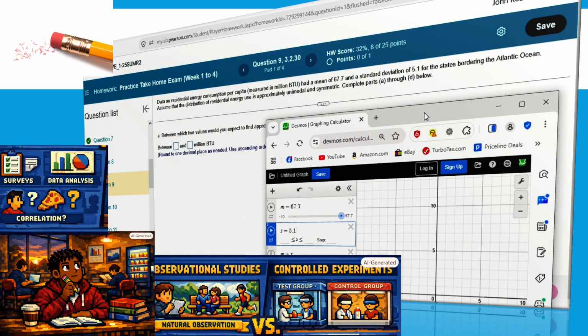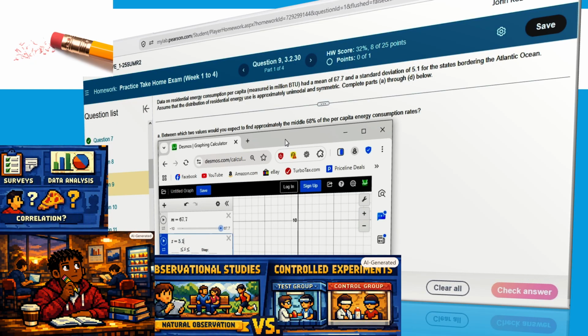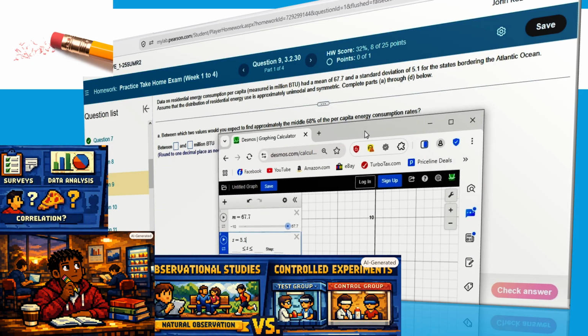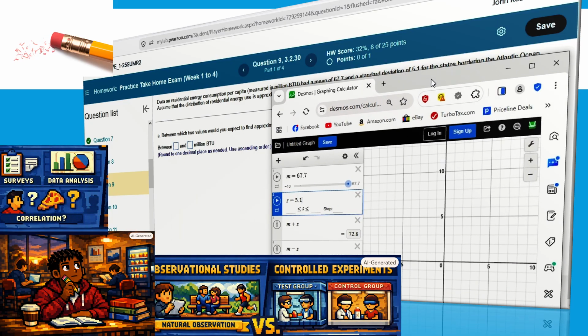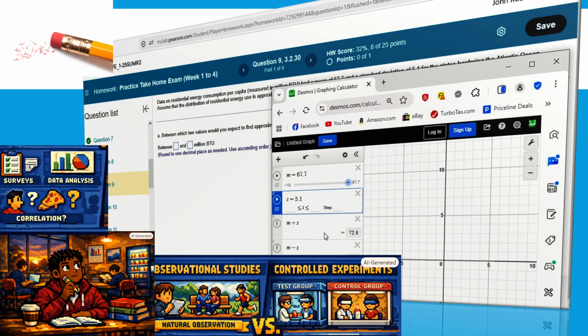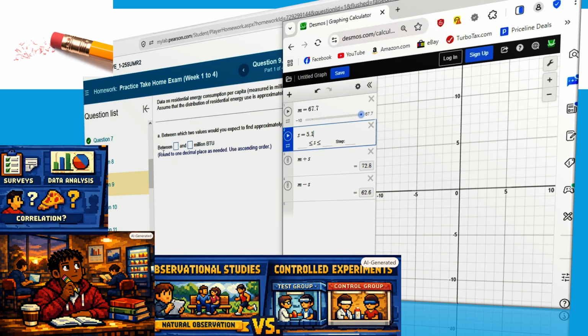So now this one's going to have choices A through D. Between which two values would you expect the middle 68%? Remember, that is the one standard deviation. Notice how I already had the variables assigned, and StatCrunch gave me a really quick answer. Remember, timing is key on these things because you've only got 3 hours to do it.